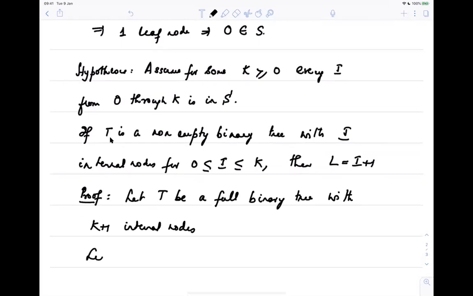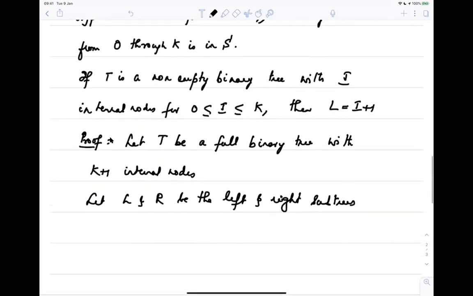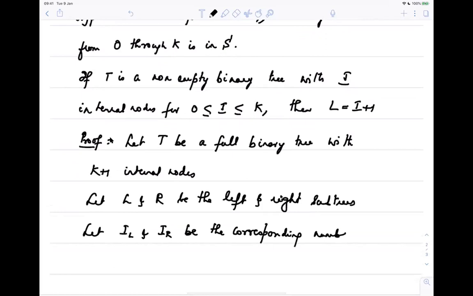Let L and R be the left and right subtrees, and let IL and IR be the corresponding number of internal nodes, respectively. Now, neither L nor R can be empty.